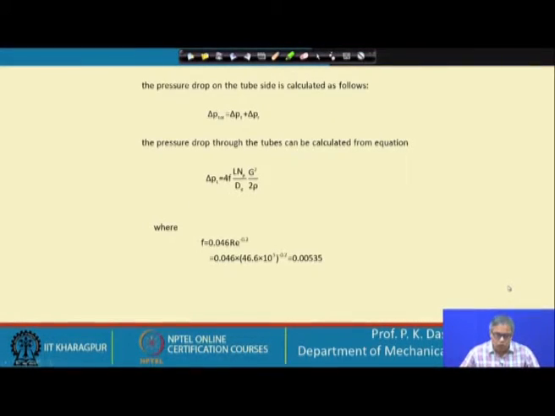Now, we go for the pressure drop calculation on the tube side. See, the tube side pressure drop calculation is very crucial, not the shell side, because on the shell side your steam is flowing and the motive power for the steam, or the capability for steam movement, comes from the turbine itself.